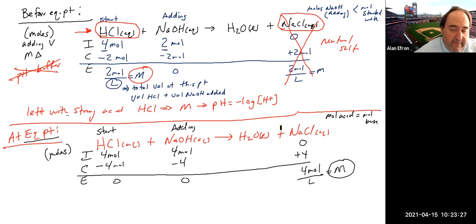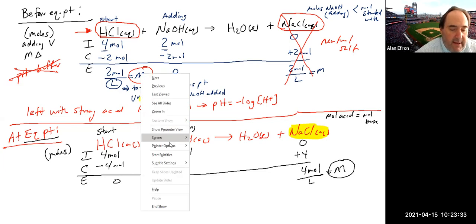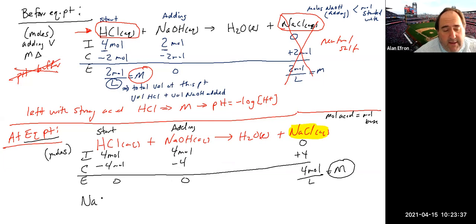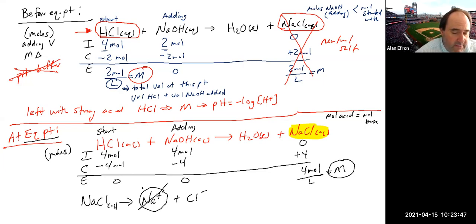What do we have left? So again, our ice table could help us. We have our good friend sodium chloride left as a salt. That sodium chloride breaks apart into a sodium ion and a chloride ion. And as we talked about before, sodium is group 1, which means it's neutral in terms of salts.